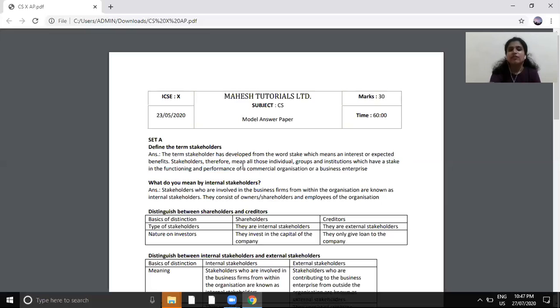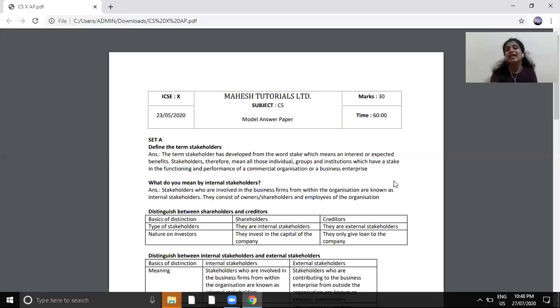Now, once you have written this and you've made sure that you have not tweaked or amended anything, trying to write the answer in your own words, you will earn full 2 marks for this answer. The next question is, what do you mean by internal stakeholders? Now, clearly, it is not a definition that you're asked for. It is a question asking you for the meaning, which means you can write this answer in your own words.